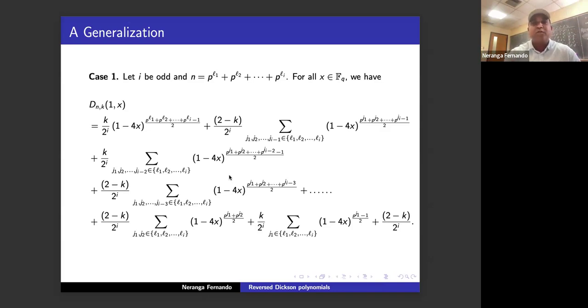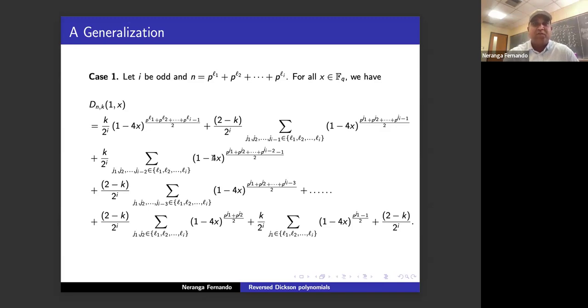One thing to notice here, which I haven't actually investigated yet, is that if you take a look at the reverse Dickson polynomials, this term 1 minus 4x always appears everywhere. It also appears in the generating function of Catalan numbers. I don't know if there's a relationship. I have no answer, but I thought of mentioning it.